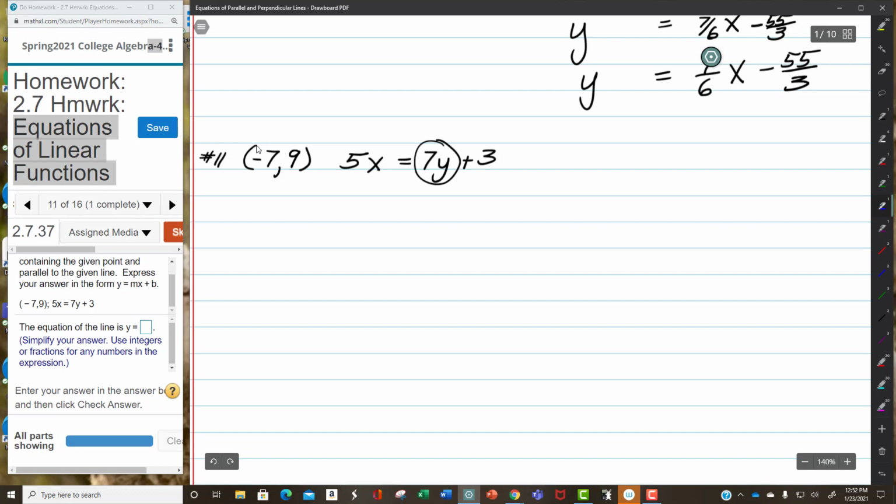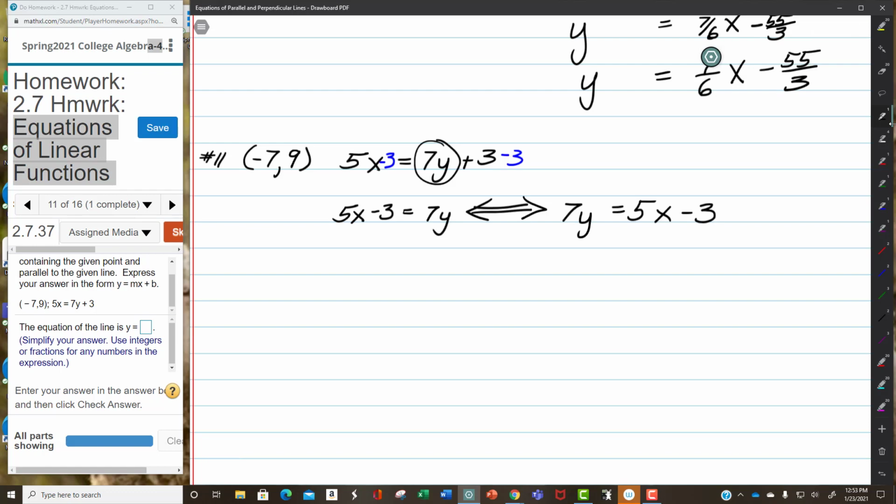So I will quickly subtract 3 from both sides and then turn it around. So this will be 7y equals 5x minus 3, which is exactly the same statement, but now there's a sense of being comfortable with this form.